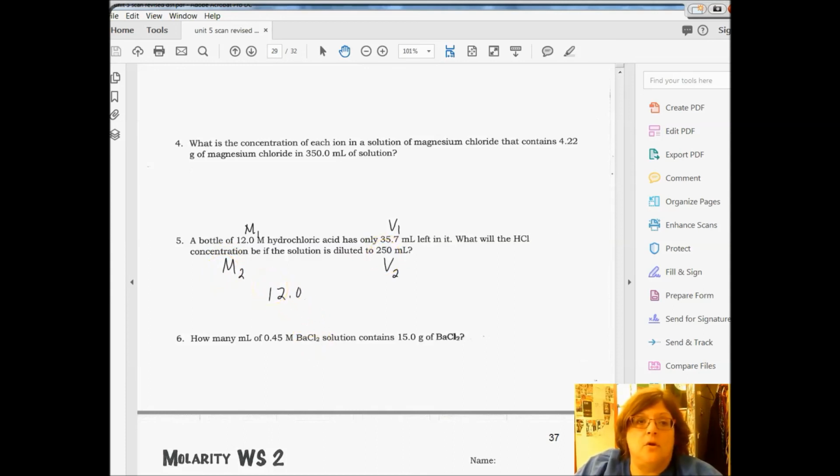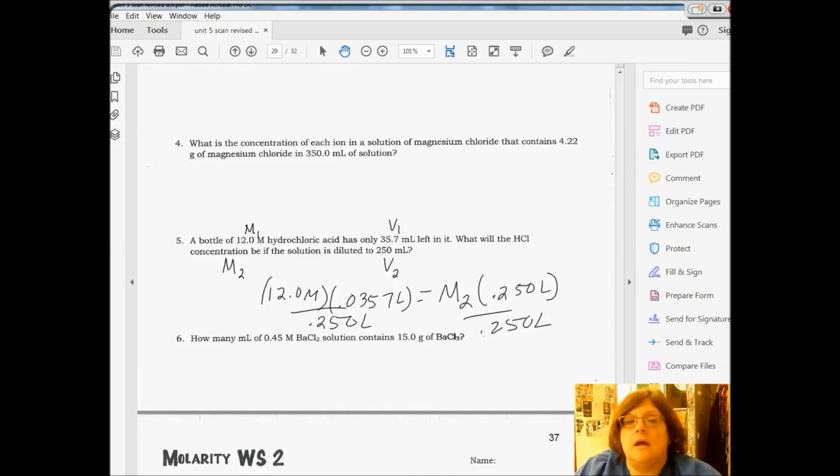So 12.0 molar times 0.0357 liters is equal to our second molarity times 0.250 liters. Divide both sides by 0.250 liters, and we'll get our molarity. All right, thank you very much.